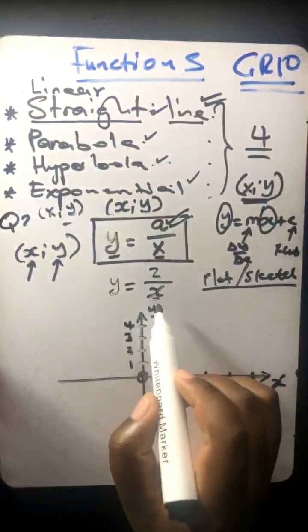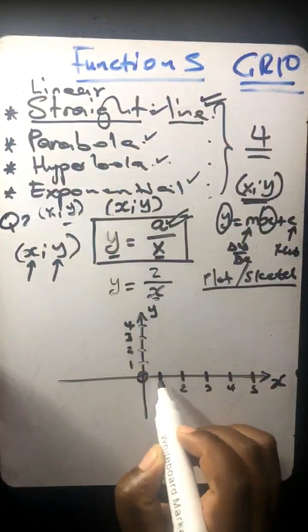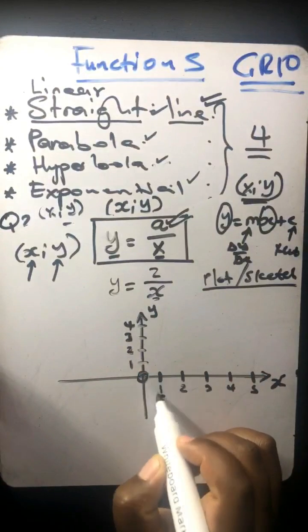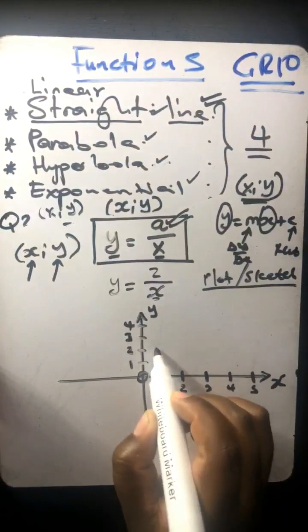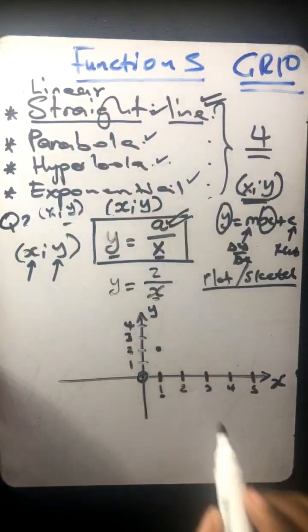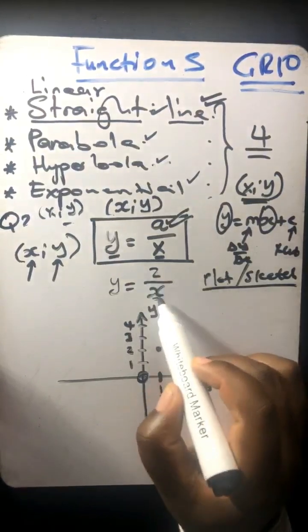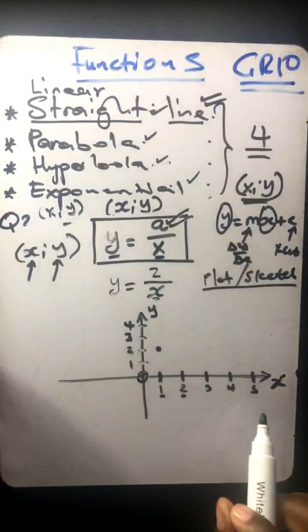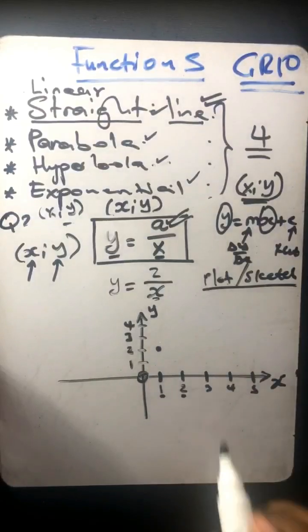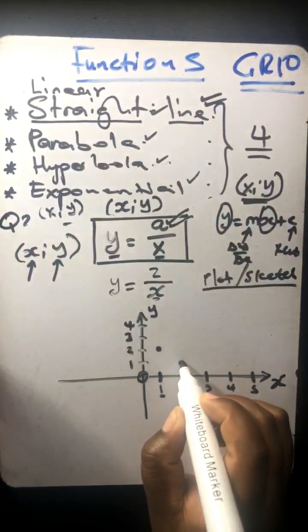It is 2 divided by 1, which is 2. So that means where x is 1, y is 2. You can put a dot there. Then you move on to the next point and say where x is 2, what is y? It's 2 divided by 2, which is 1. So you are going to put a dot there.